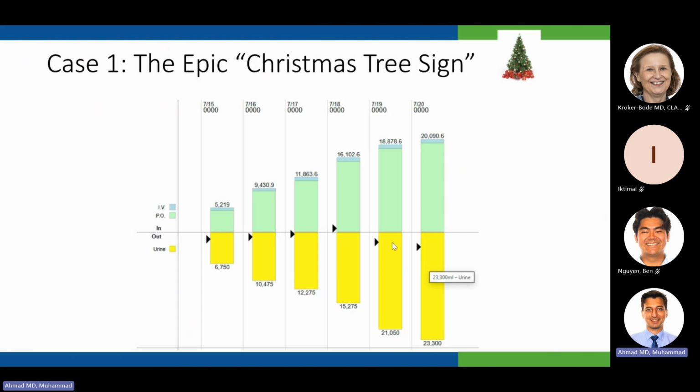If you take his eyes and nose, it's a Christmas tree. So what Epic does is it compiles the total amount of intake, the entire admission, with the total amount of output, the entire admission. Even though we've taken out 23 liters here, he has put in 20 liters. So he has drunk 20 liters of fluid in the hospital.